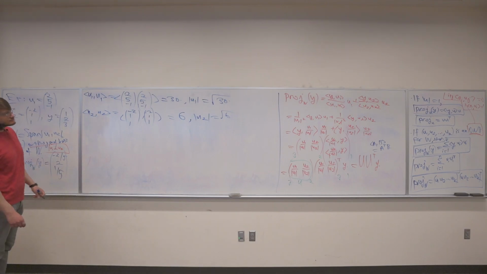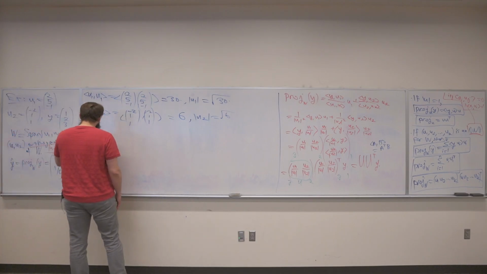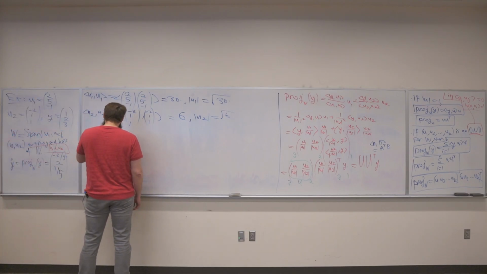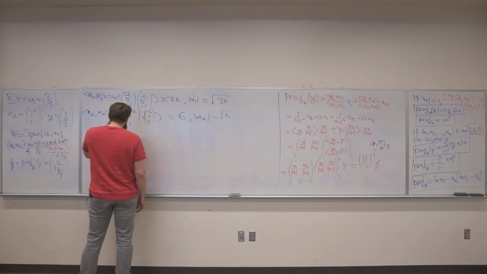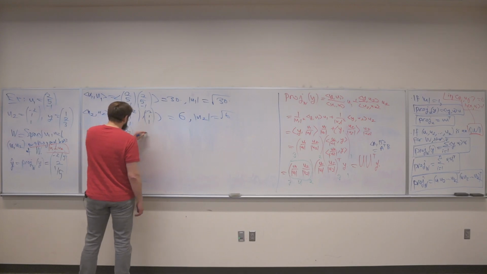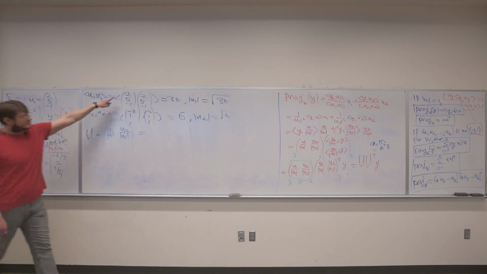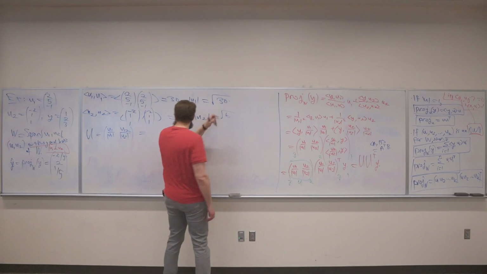Okay, so my capital U is u1 divided by u1 norm, u2 divided by u2 norm. Okay? So I'm going to take this vector, scale it by the reciprocal of this.